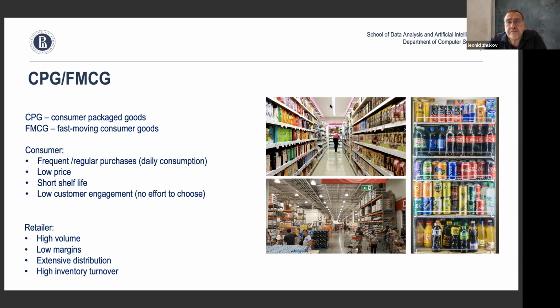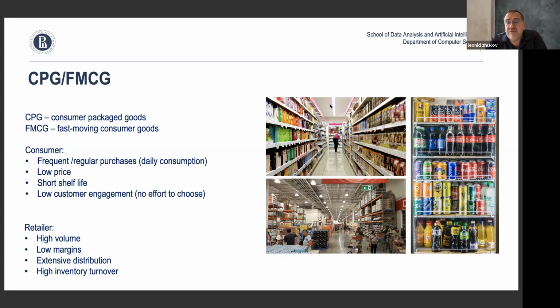Now, for a retailer, it's actually not an easy thing to work in FMCG, because first of all, it's always a high volume, right? It makes sense. You make money when you have high volume of goods, because it's a pretty low margin business. So you make very little money on each item sold. Quite often, FMCG has a very extensive distribution, and extensive distribution means quite complex logistics and pricing and many other things.